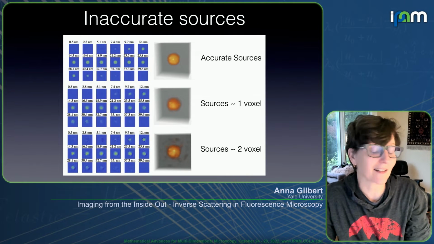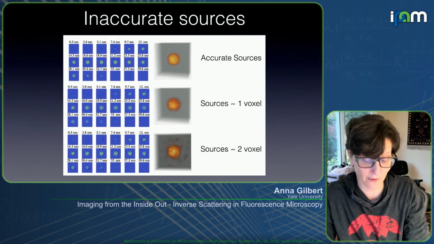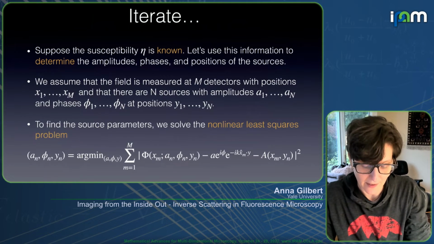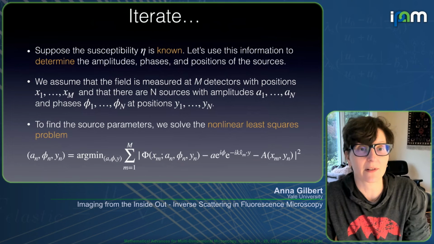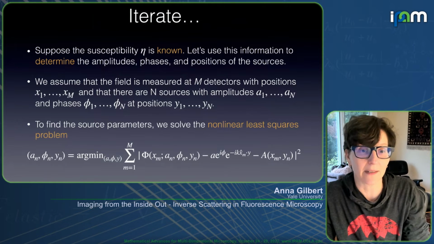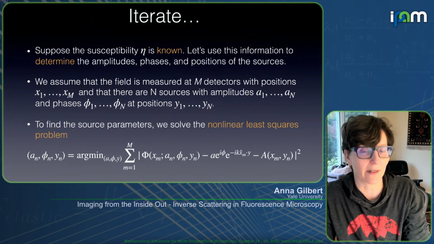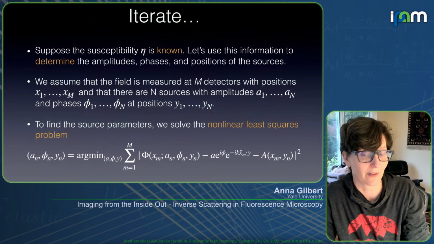It's a good proof of concept for something that I'm going to introduce next, which is, suppose I know the susceptibility of the medium. Could I use that information to determine the amplitudes, phases, and positions of the sources?